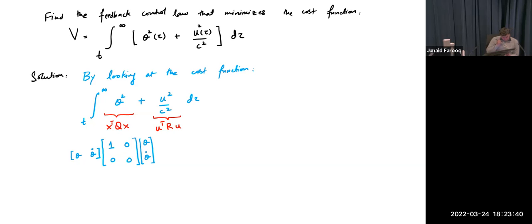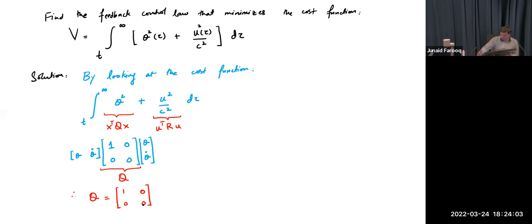Because our cost function is simply theta squared, it turns out that our Q matrix is simply this matrix here. So we can say that Q is 1, 0, 0, 0.